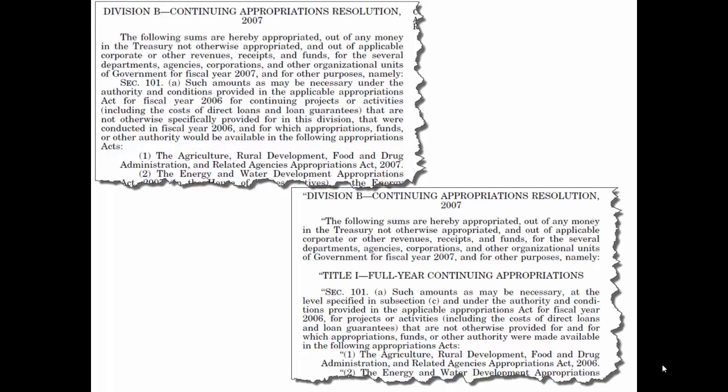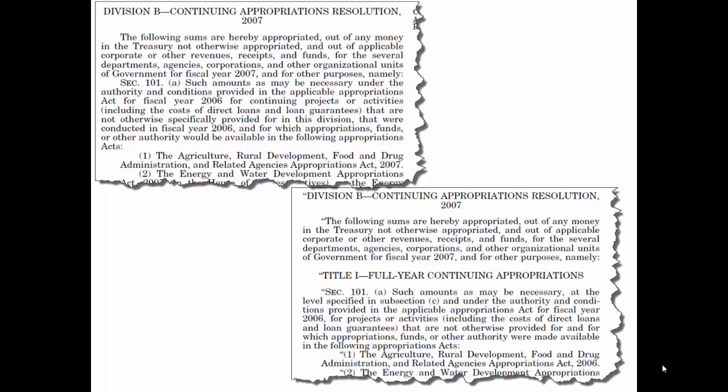While the structure is similar, there are a few language differences that occur in full year CRs. Keep in mind that a full year CR is no longer temporary legislation. If you get a full year CR, the appropriations process is essentially over for that year.